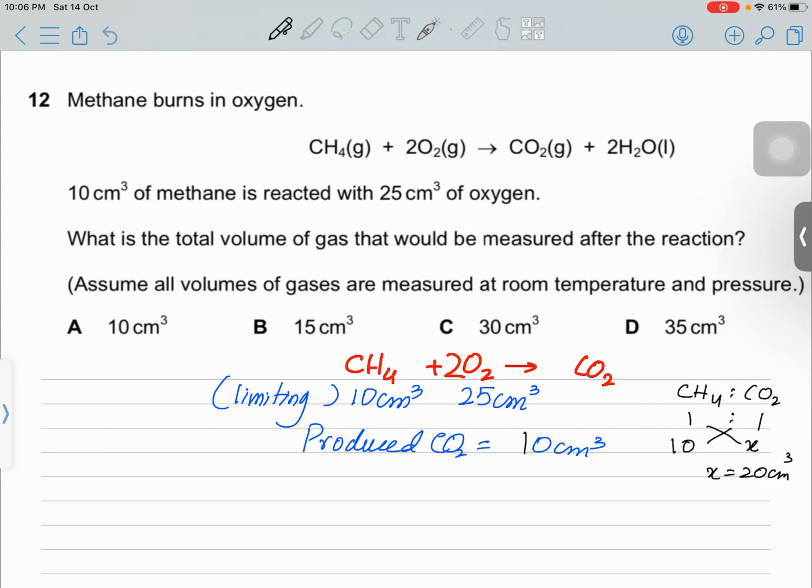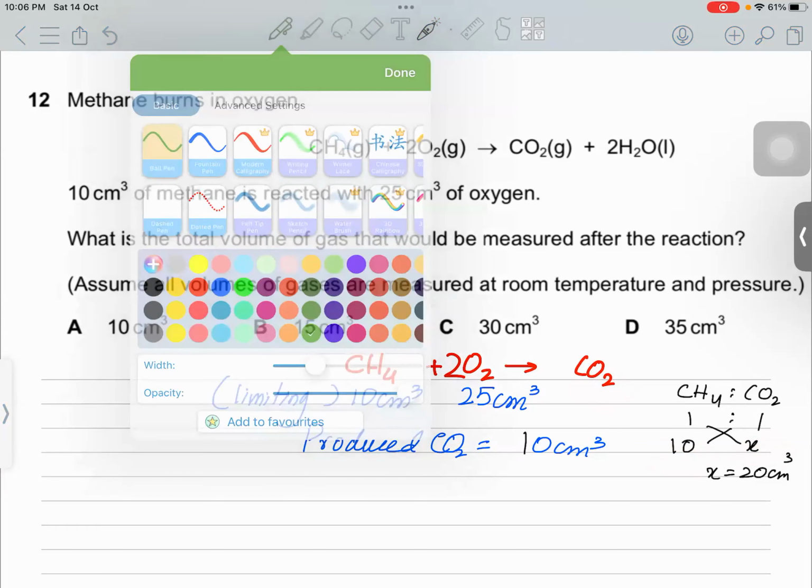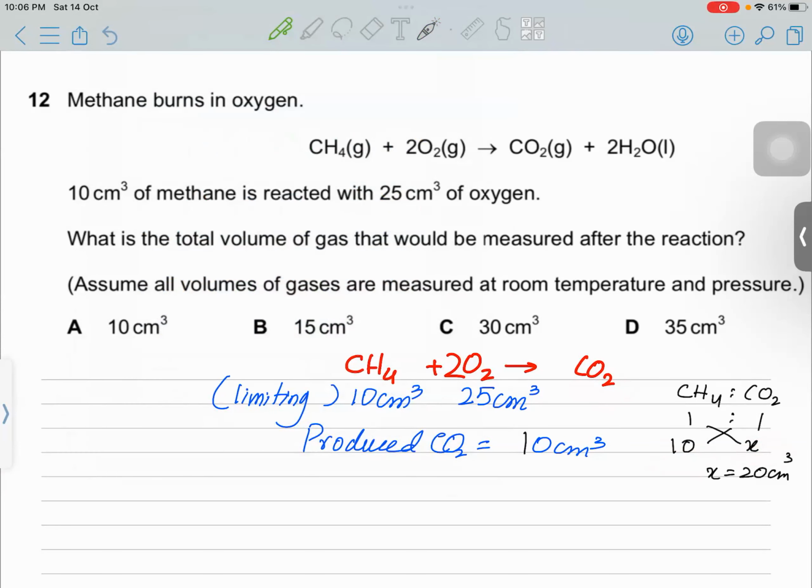Now tell me the remaining oxygen. The CO2 we got was 10, and the ratio is 1:1, so 10 gives 10 cm cube. With that we know how much CO2 is present after the reaction.